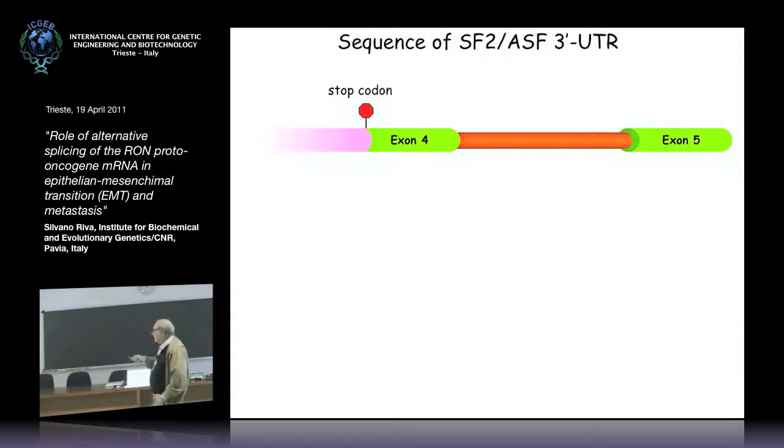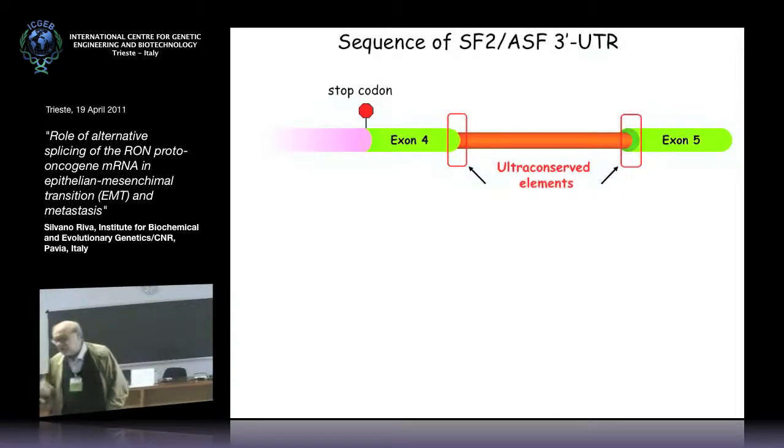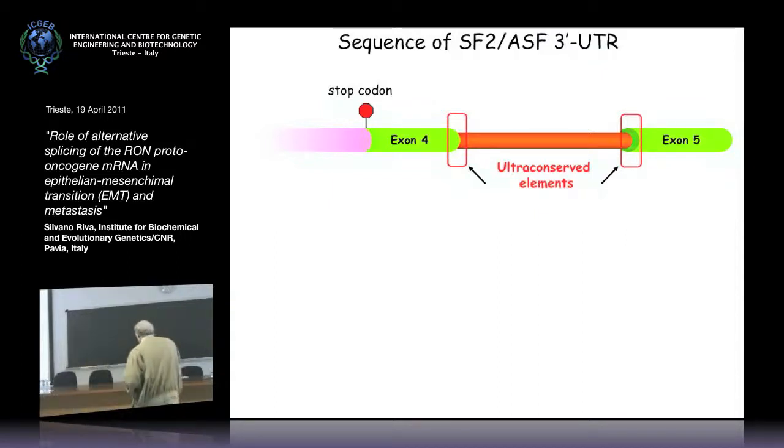And we looked at the 3' UTR of SF2, and what happens is that it is known that at the border of the intron there are two ultra-conserved elements. By ultra-conserved it means 100 nucleotides, 100% conserved between man and mouse, for example. 100 nucleotides, 100% conserved.